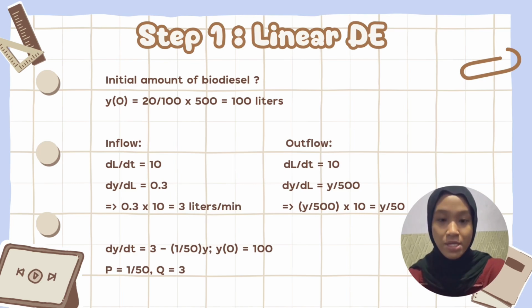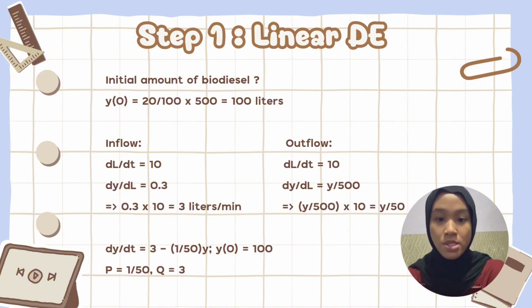From the question, the concentration is not given for the outflow process, so in order to complete the linear differential equation, we need to form an expression of y over 500. Then, multiply the rate of solution and its concentration for both inflow and outflow to get 3 and y over 50 liters per minute respectively.